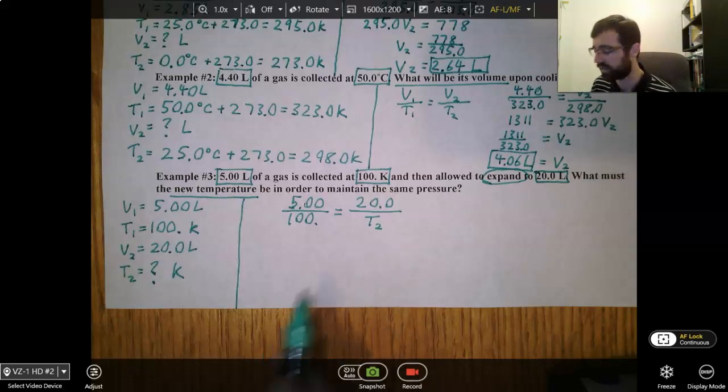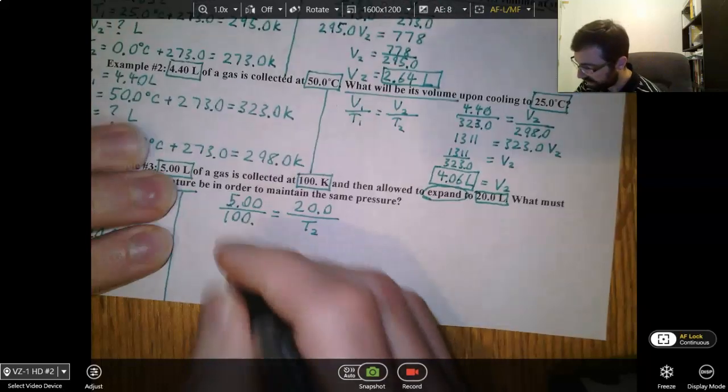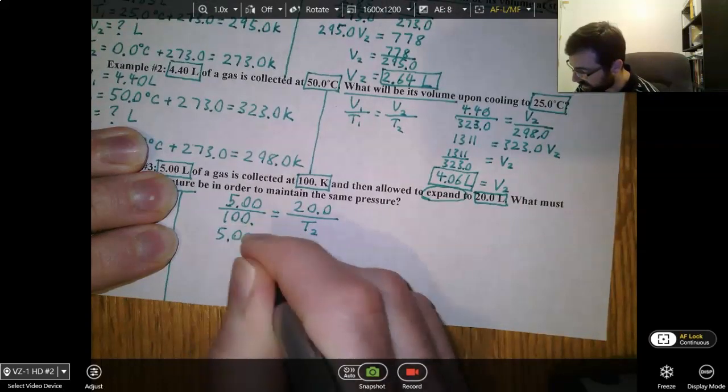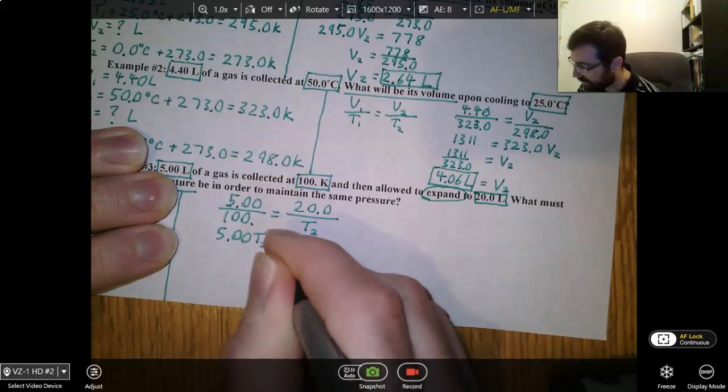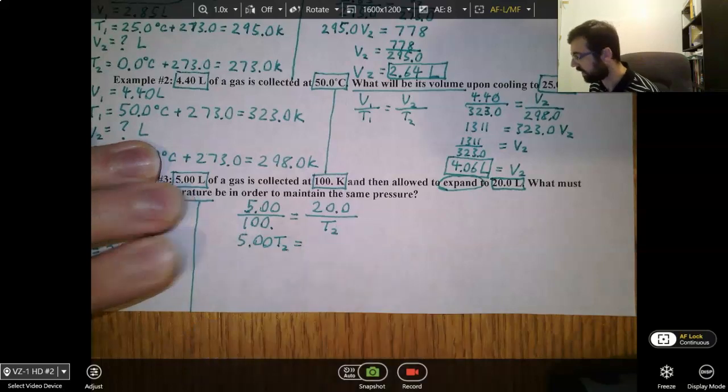So a quick way of doing that is cross multiplication. There's other ways to think about that, but again, I think usually cross multiplication is the easiest. So 5.00 times T2, I'm going to get 5.00 T2. Very simple. And then 100 point times 20.0.